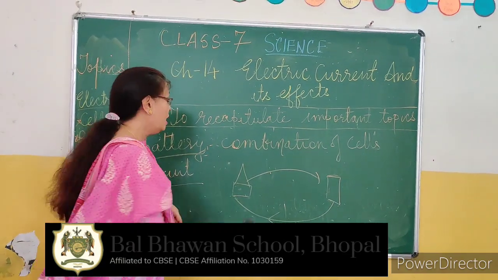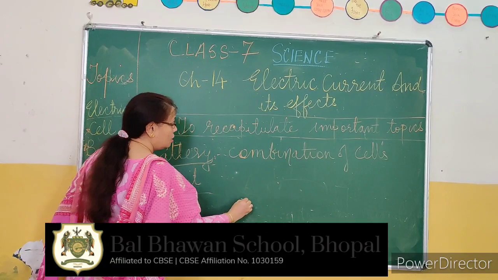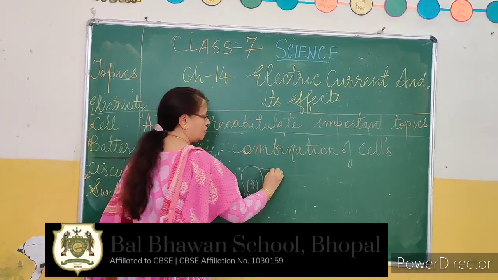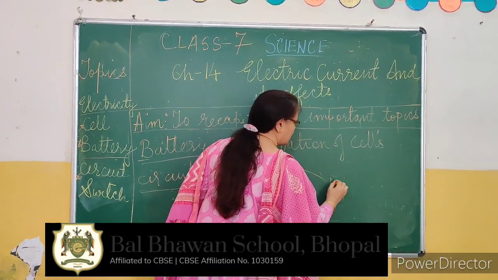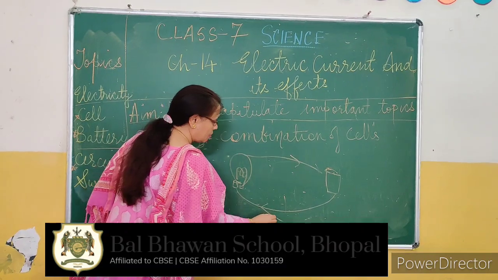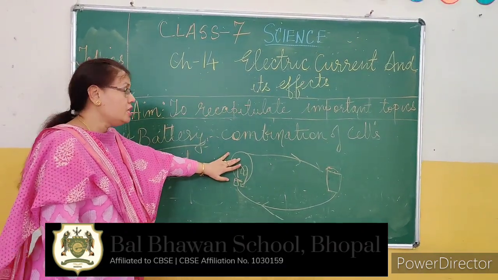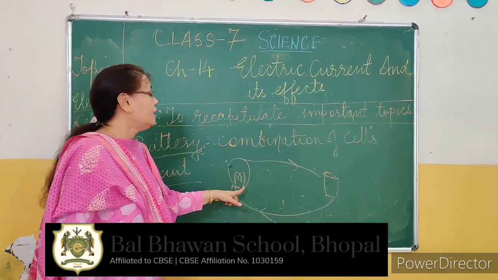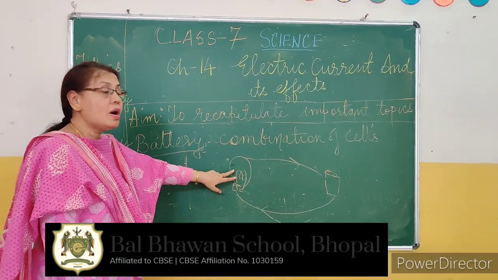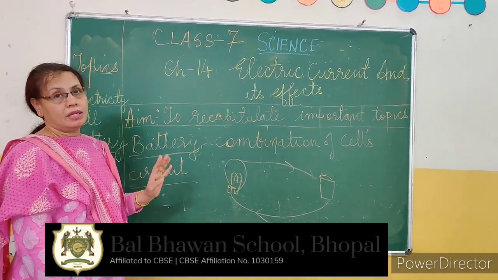In the same way, if we relate this to the cell, which is a source of electricity, and the gadget, then the complete pathway through which the current flows from the cell so that the gadget starts working, this complete pathway is called a circuit.